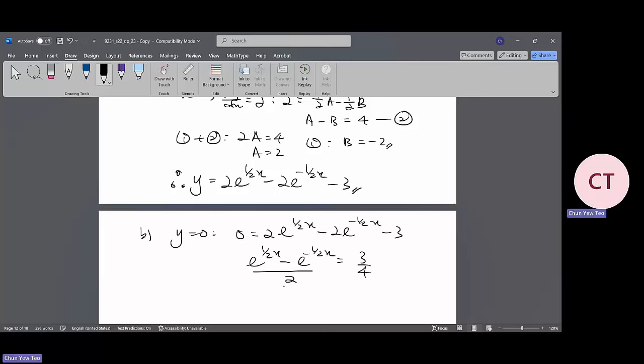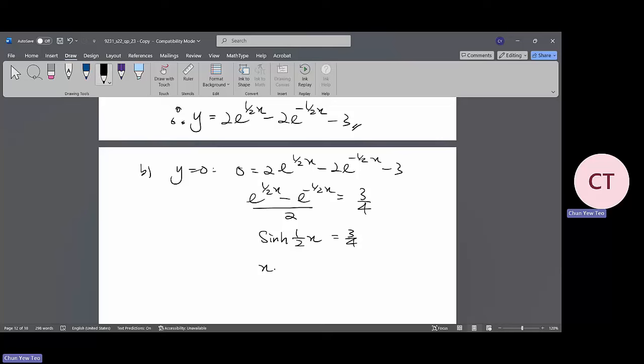The reason I do this is because I want to make this become a hyperbolic function. This will be sinh(½x) equals 3 over 4. So my x is actually equal to 2 arcsinh of 3 over 4.